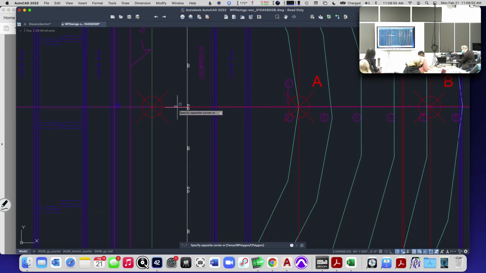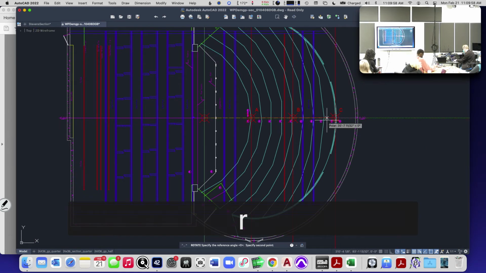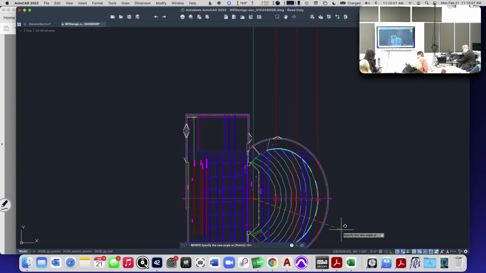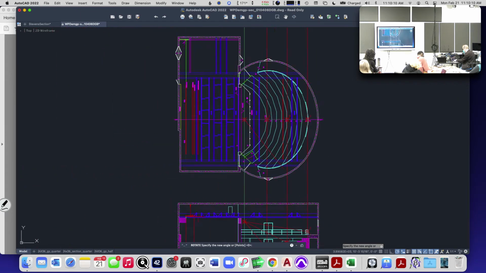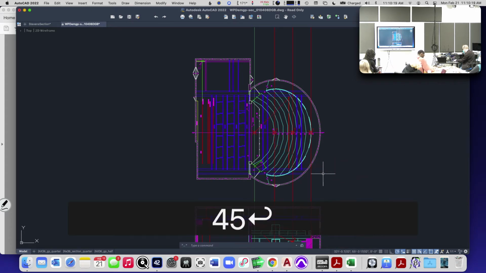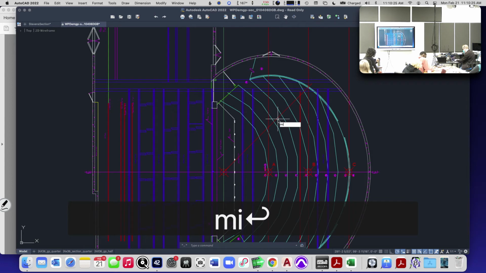Rotate, base point, reference from here to there. Actually, I can just type it in: 45 degrees. There we go. So 45, I go that way. I should have done -45. And then I can mirror it across here. Okay, that's where the 2 things are pointed.